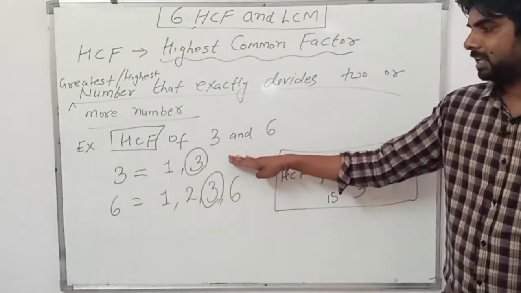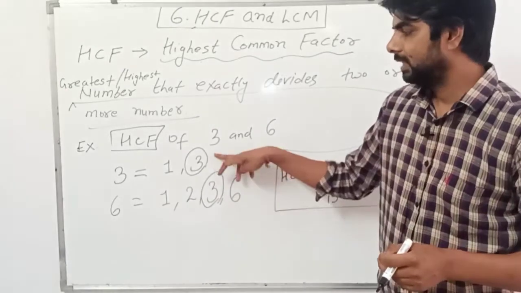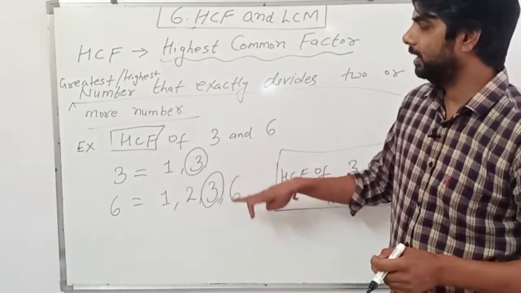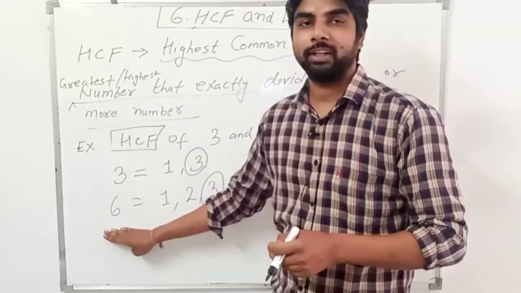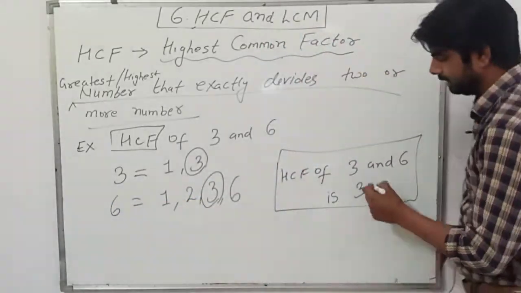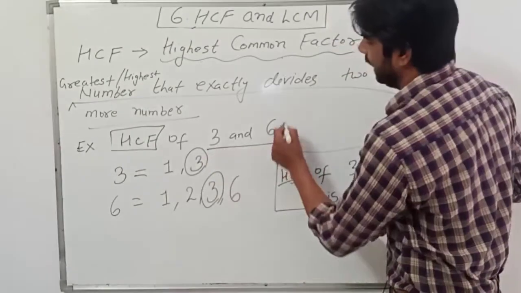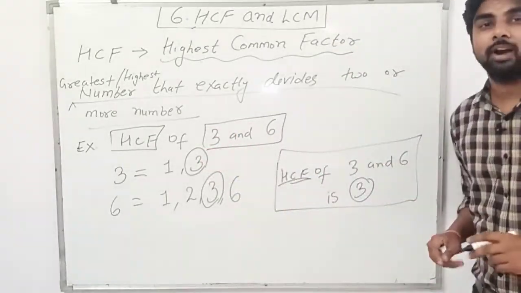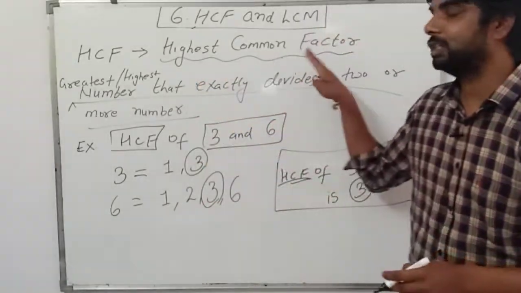Okay, in this case we have seen that 3 is the greatest number and 3 is in both the factors, in the factors of 3 also and in the factors of 6 also. That's why 3 is the HCF of 3 and 6. So this is how we can find out HCF. Okay, and this is known as highest common factor.